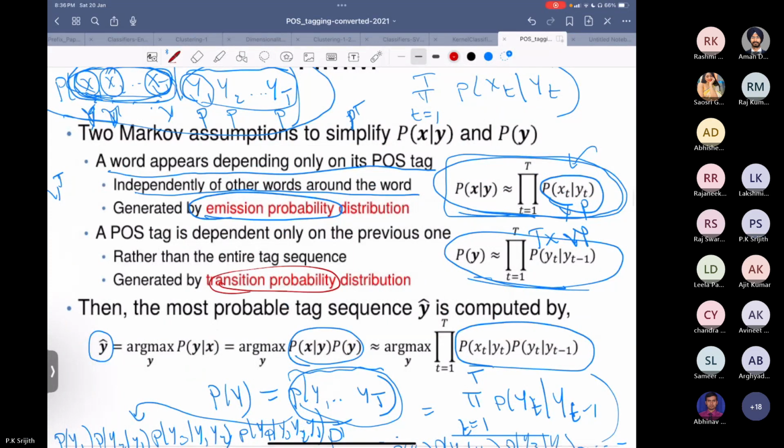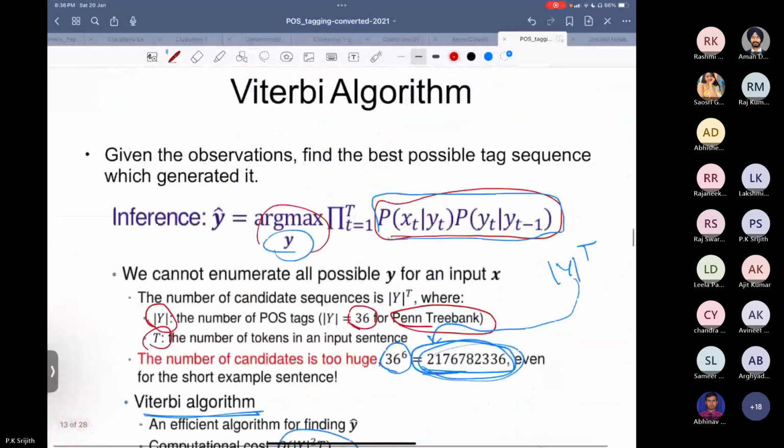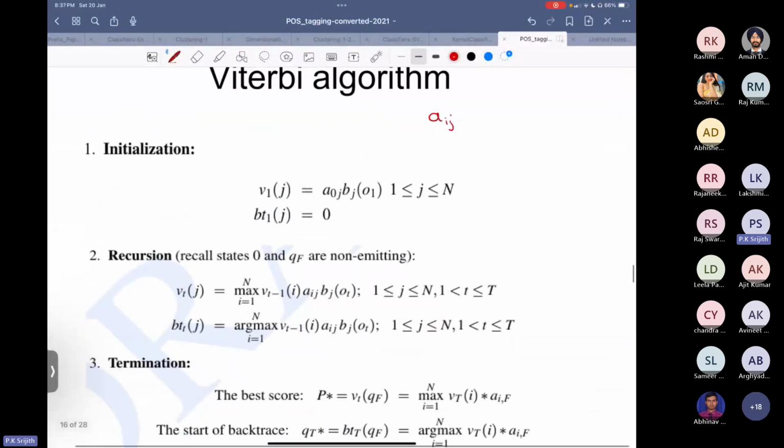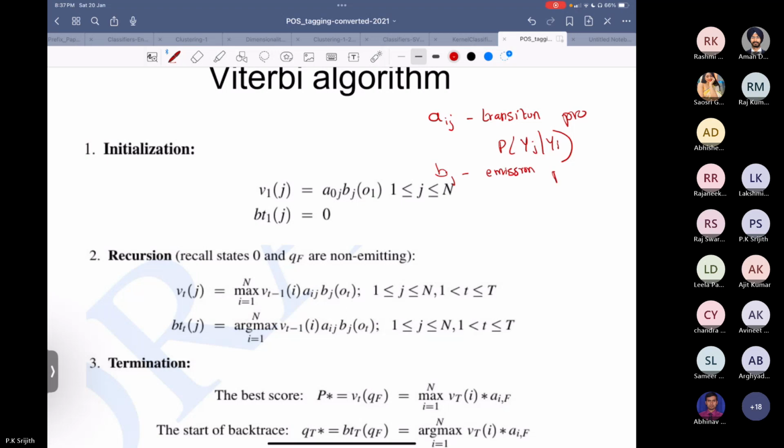So the algorithm which is described here, this Aij represents the transition probability, which is the probability of yj given yi, and bj represents the emission probability.